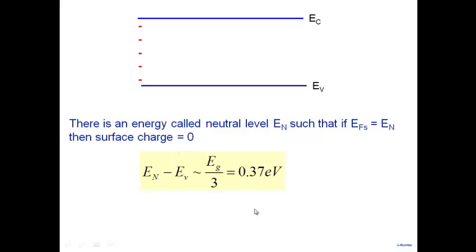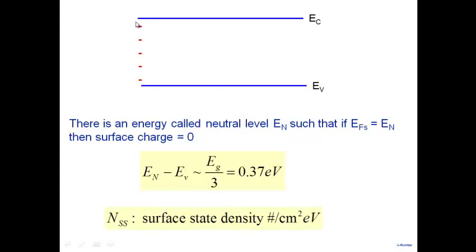Typically in silicon, the neutral level is about 1/3 of the energy gap measured from the valence band. So it means that if my Fermi energy is 1/3 above the valence band, then my surface is neutral.